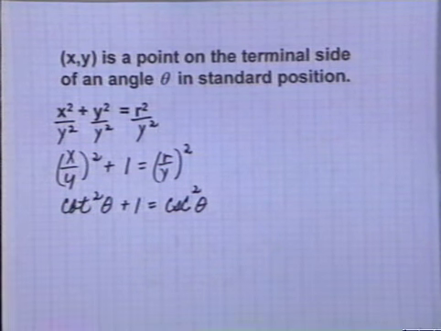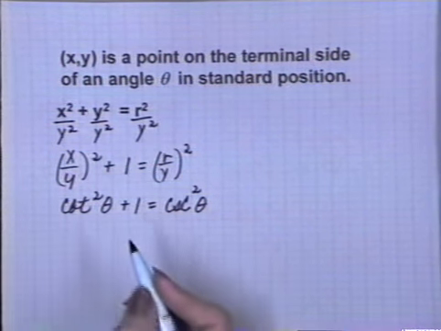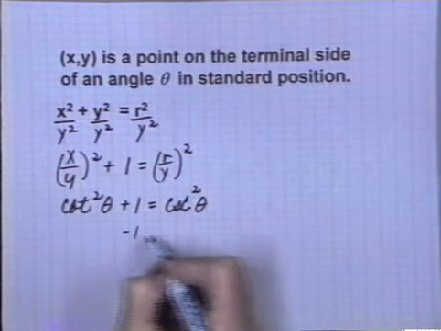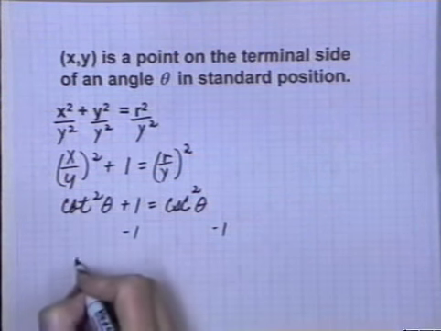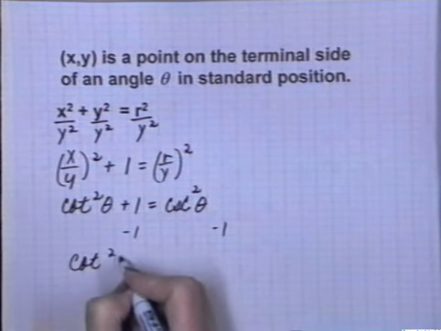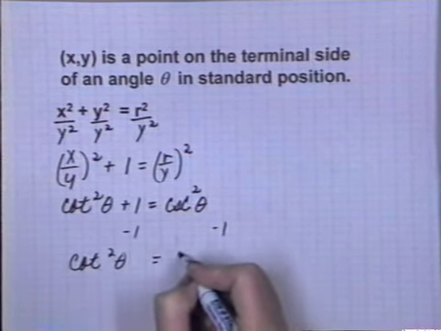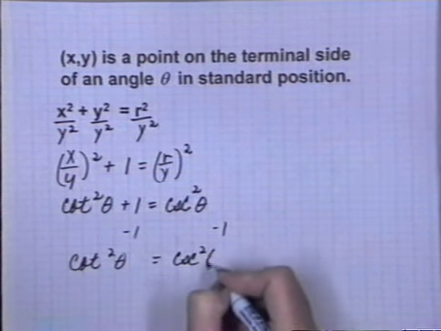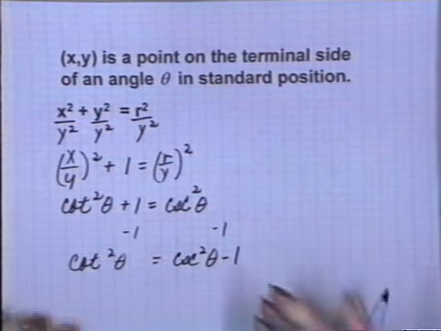Now, let's get the two other versions of this. The first thing that I will do is subtract the 1 from both sides. That will leave me with cotangent squared theta equals cosecant squared theta minus 1.